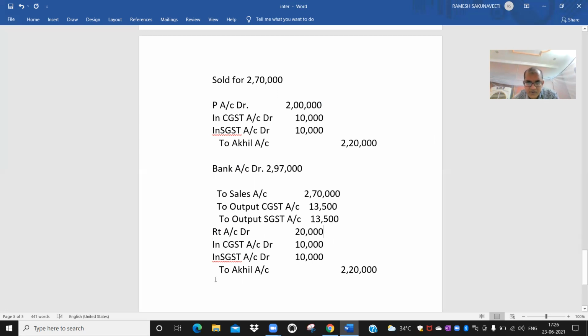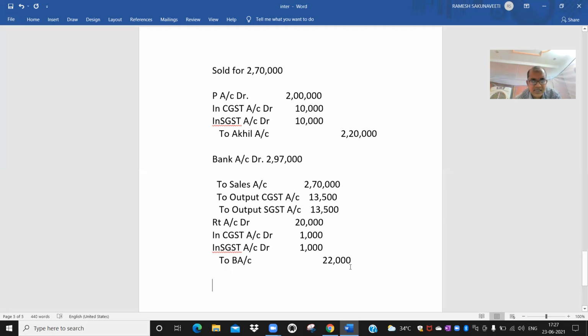On 20,000, 5% means 1,000. So here also it is 1,000. To bank account, its value is 22,000.